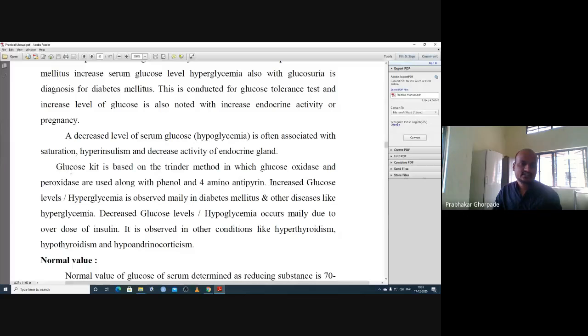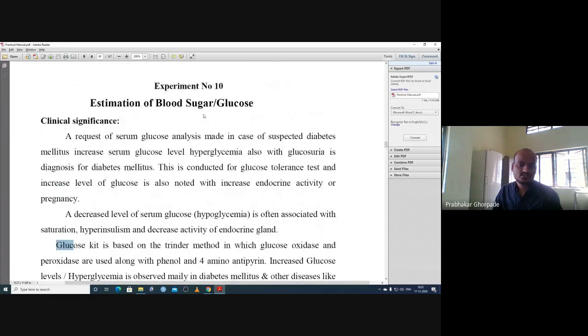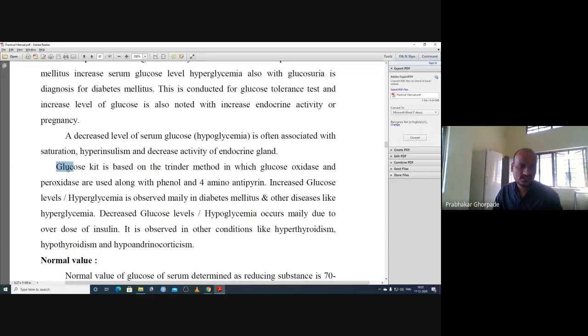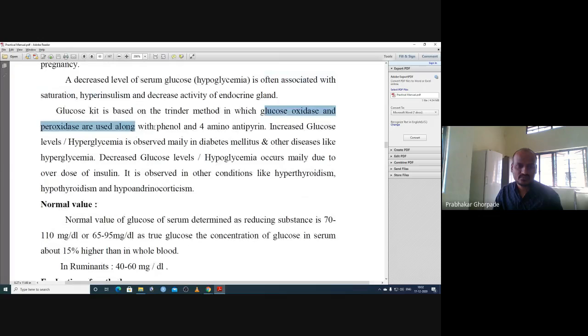Here, initially when we were discussing experiment number 10, estimation of blood glucose, blood sugar, we saw the glucose kit. This kit is based on the Trinder method, in which glucose oxidase and peroxidase are used. Then we have phenol and 4 amino antipyrine.